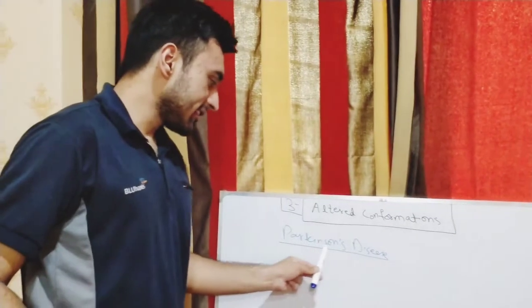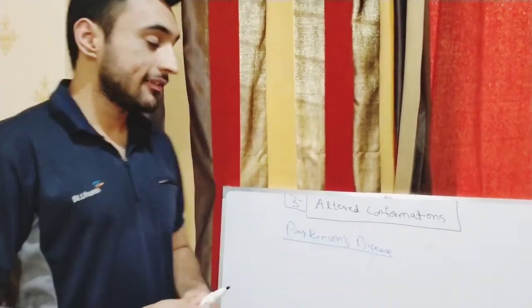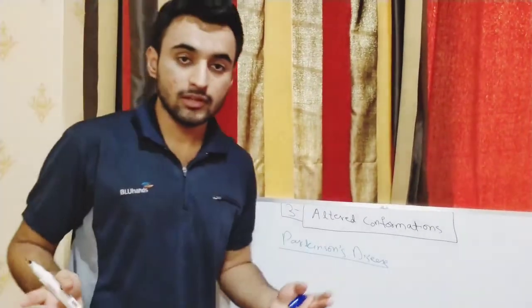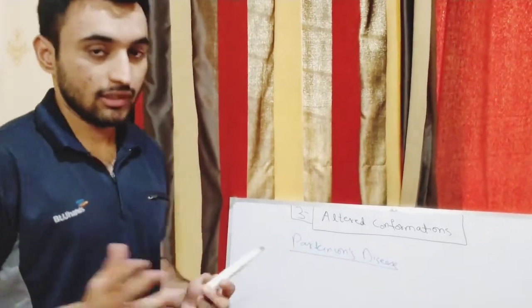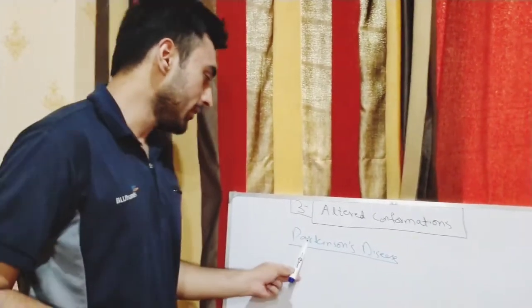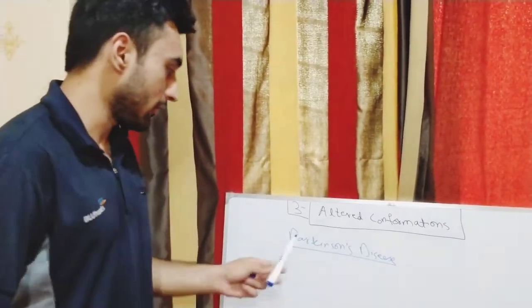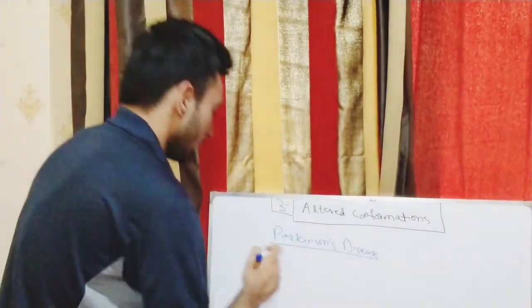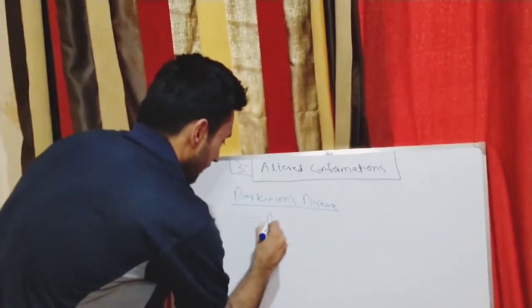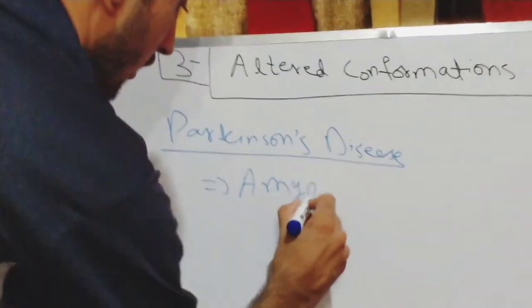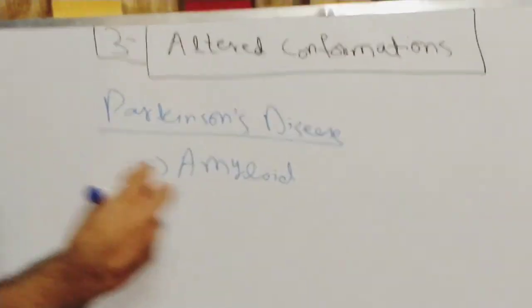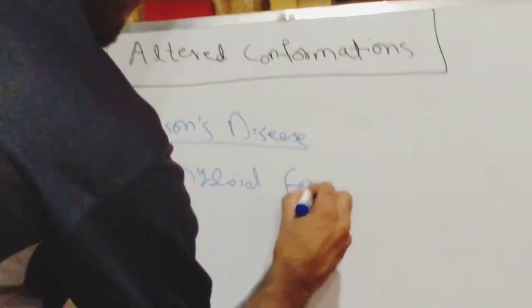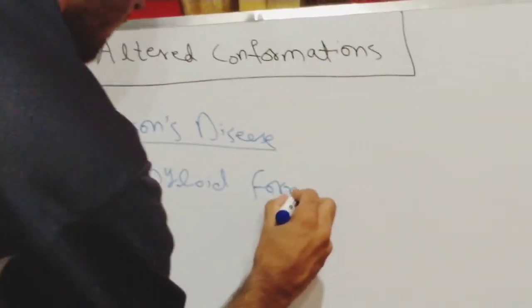So how does this Parkinson disease occur? Parkinson disease occurs the same way as the Alzheimer disease occurs in older adults. Amyloid aggregates in the brain, which causes this disease. So amyloid formation also occurs in Parkinson disease like in Alzheimer disease.